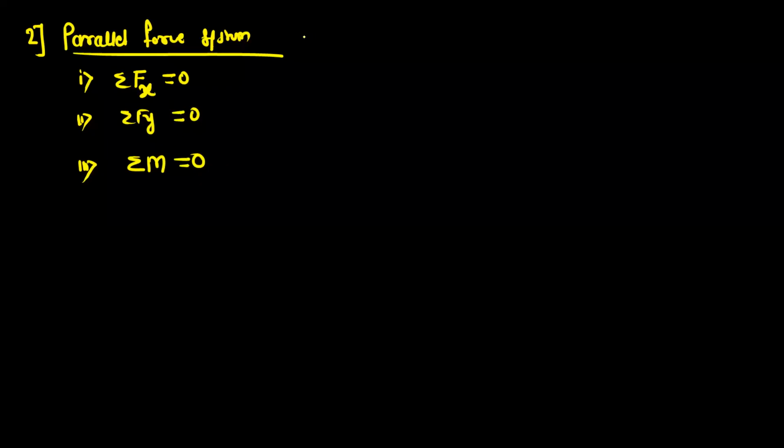Out of these three conditions, you can use any two. The two conditions will be summation Fx 0 and summation moment 0, or summation Fy 0 and summation of moment 0. So the moment condition will be common. You must use summation moment 0 for a parallel force system. If the forces are horizontal, along the x direction, use summation Fx 0. If forces are vertical, then use summation Fy equal to 0.